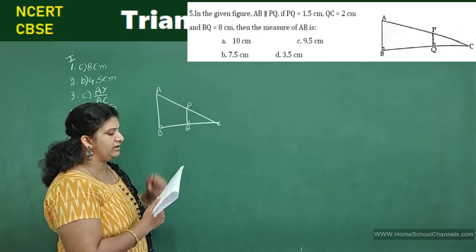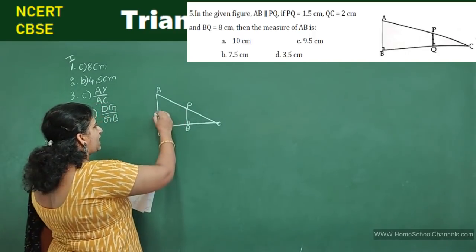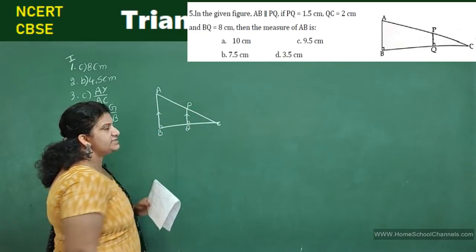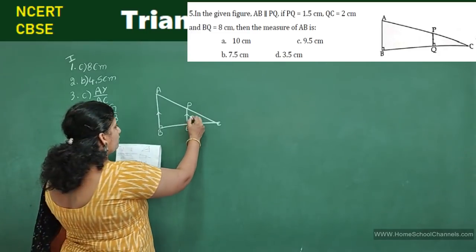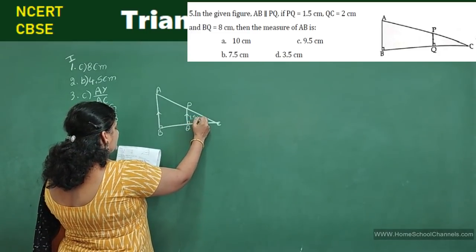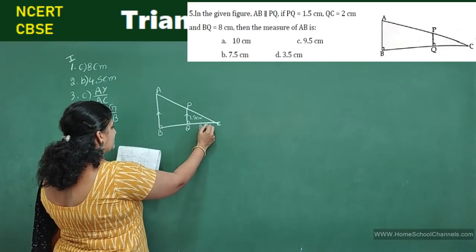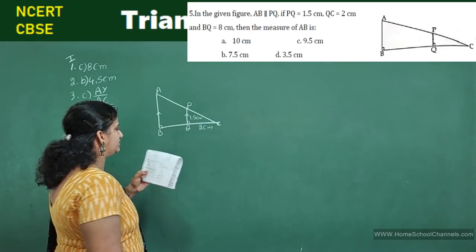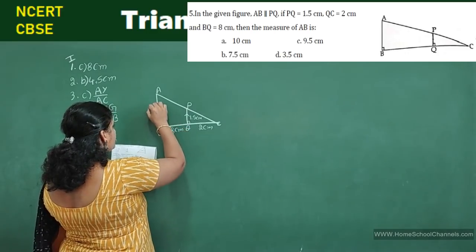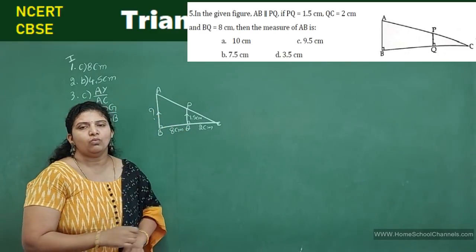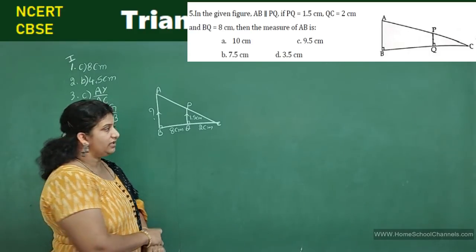In the given figure, AB is parallel to PQ. If PQ is equal to 1.5 centimeters, QC is equal to 2 centimeters, and BQ is equal to 8 centimeters, then what is the measure of AB? That is your question.